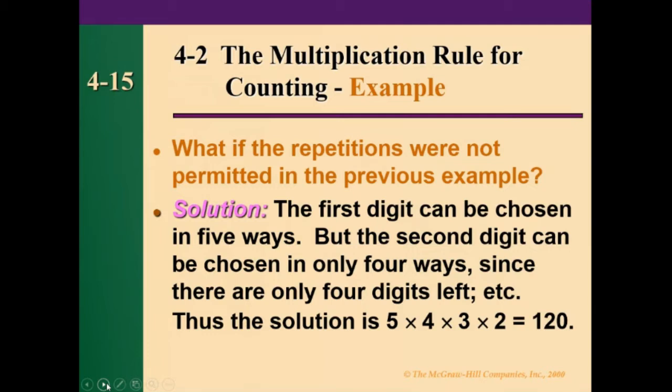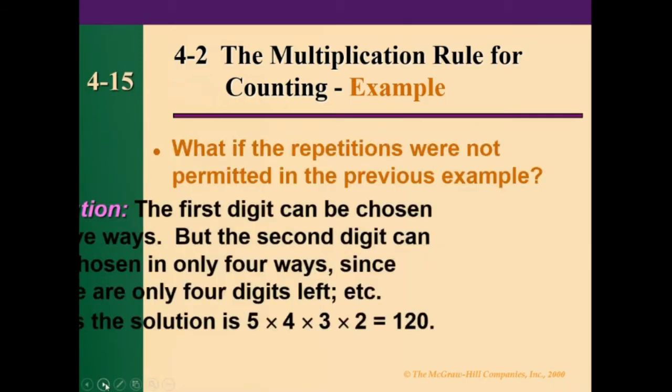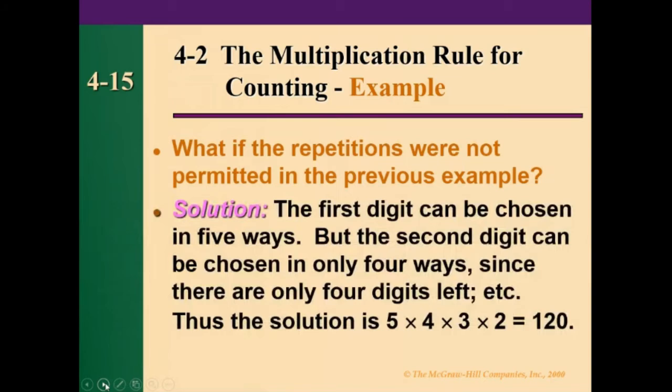So thus the solution is 5 times 4 times 3 times 2, which is equal to 120. So as you can see, without repetition, there are only 120 possibilities. Unlike when there is repetition, 625. Right? So, that means if repetitions are not allowed, there are fewer possibilities.